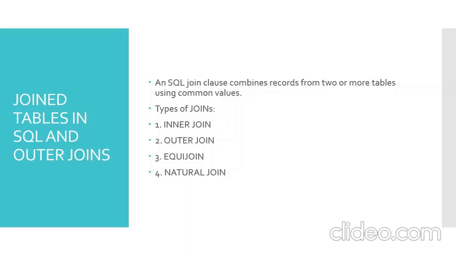An SQL join clause combines records from two or more tables using common values. So these are the types of joins. There are four types of joins to be exact: the first one is inner join, then outer join, equi join, and natural join.